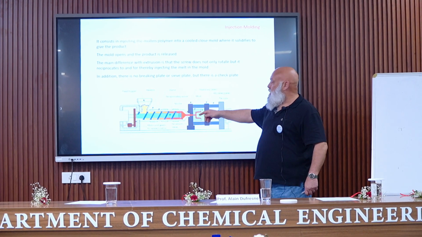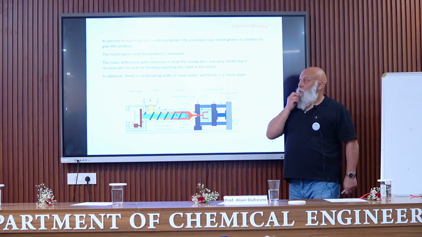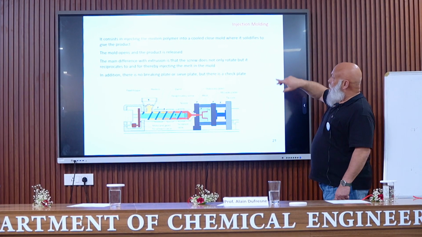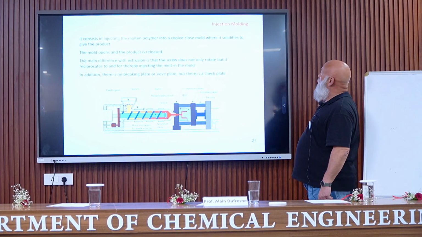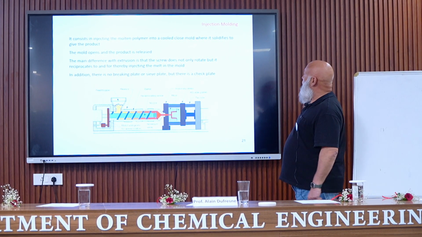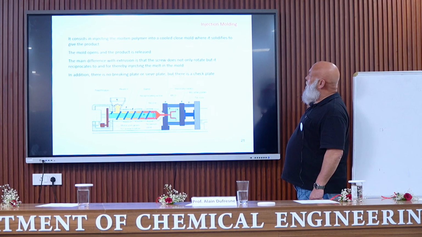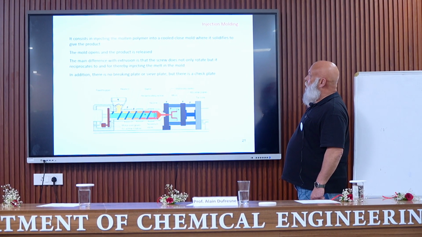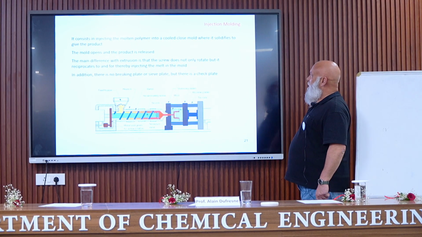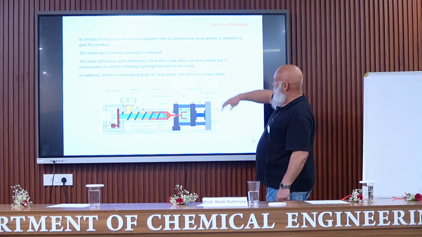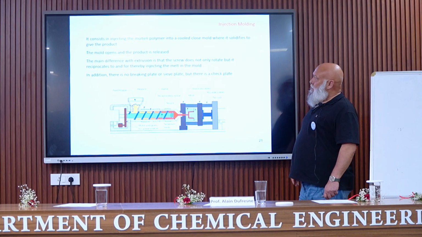So it consists in injecting the molten polymer into a cooled closed mold, cooled because it's a thermoplastic, where it's solidified to give the product, the mold opens and the product is released. So the main difference with extrusion is that the screw does not only rotate, but it reciprocates to and fro, thereby injecting the melt in the mold.